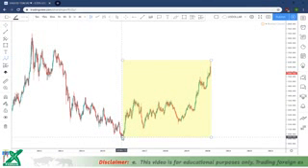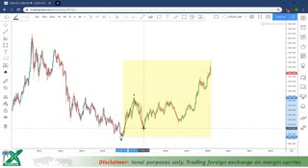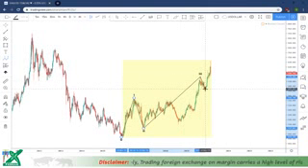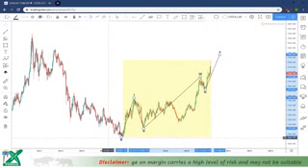This is a higher low, higher high, higher low, higher high, and we form a higher low, and we can expect another higher high.